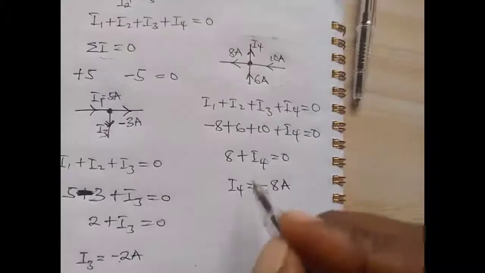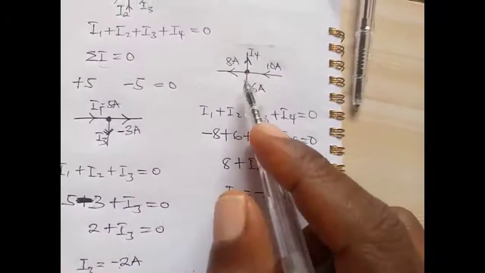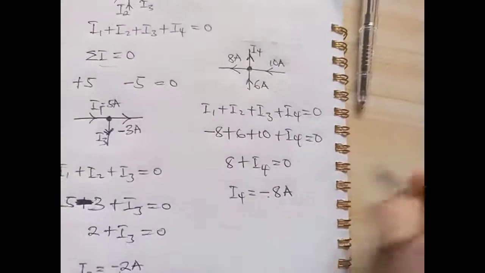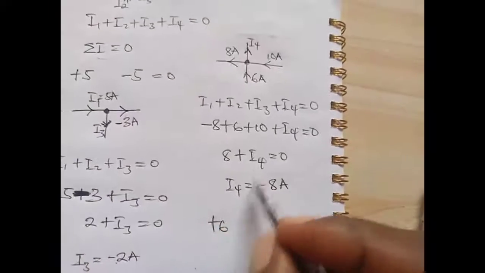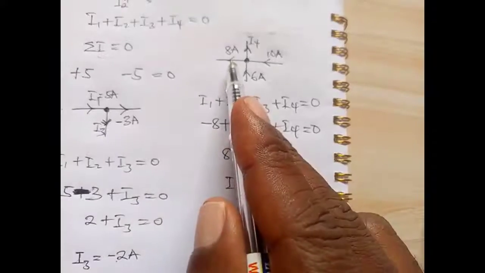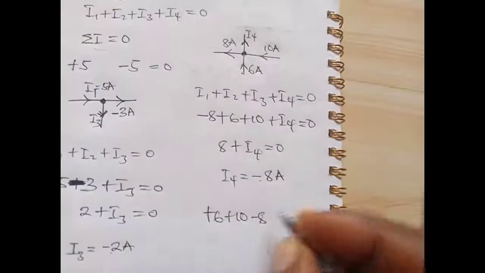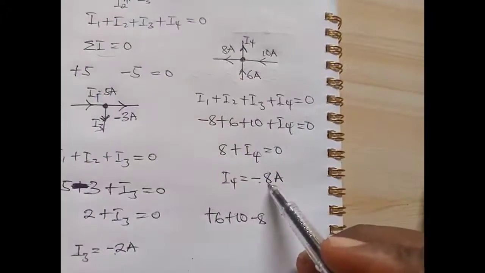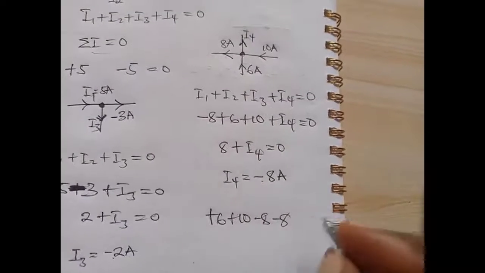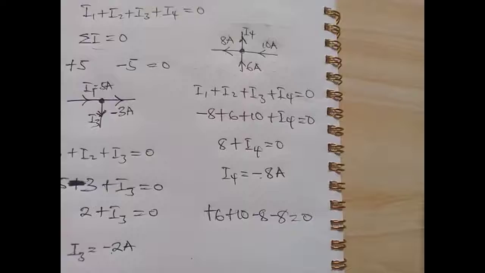If we check the current entering the junction, the first one is plus 6, the second one is plus 10. This is leaving, so we say minus 8, and I4 is also minus 8. So this is 16, this is minus 16, so both of them equal 0.